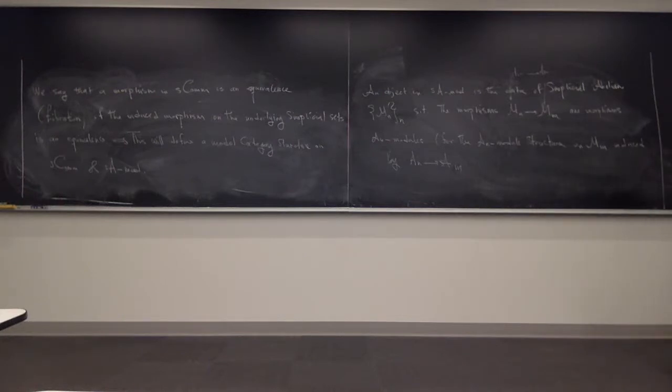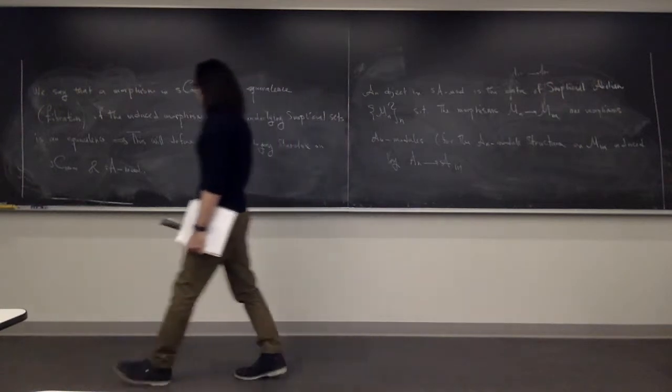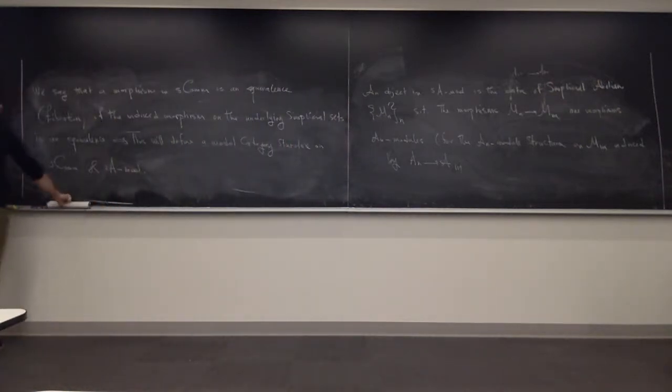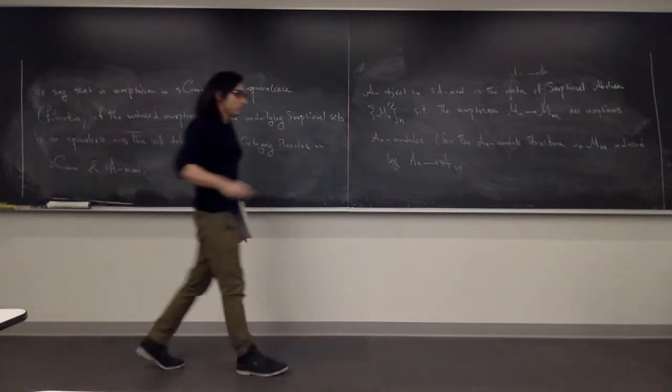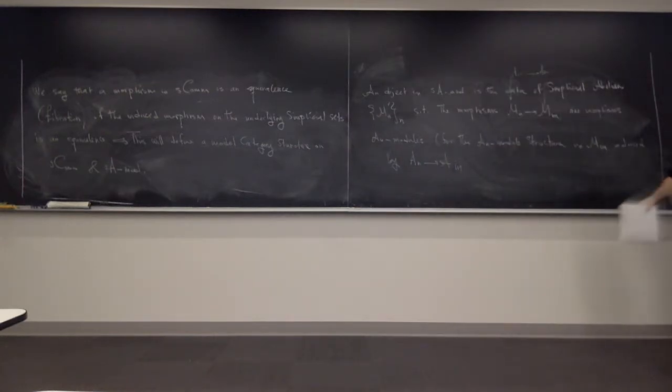So for those who came a bit later, we are now further moving to the category of simplicial commutative rings. Our rings are simplicial, so imagine a graded ring where the relations between each level are simplicial relations, and we are defining modules over that category.